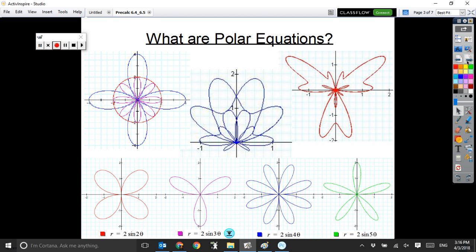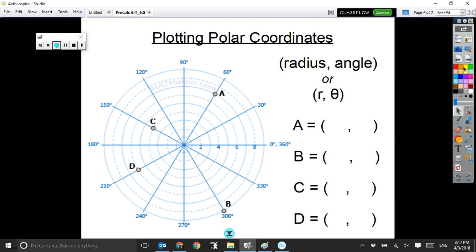You'll notice that instead of using x and y or even t like in parametric, we're using completely different symbols. We're using r and theta. Okay? So r and theta are the variables we'll be using with polar equations. r stands for the radius and theta is our angle.